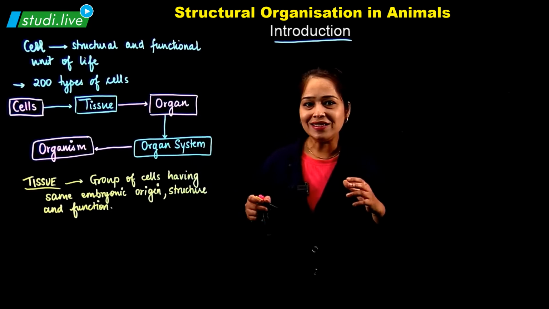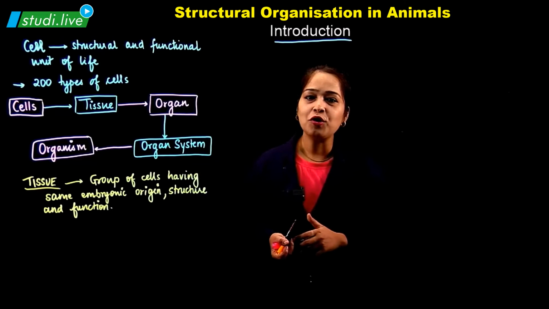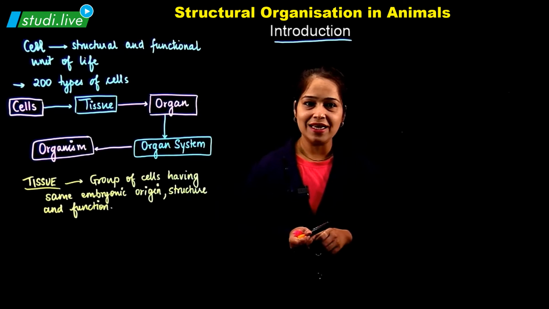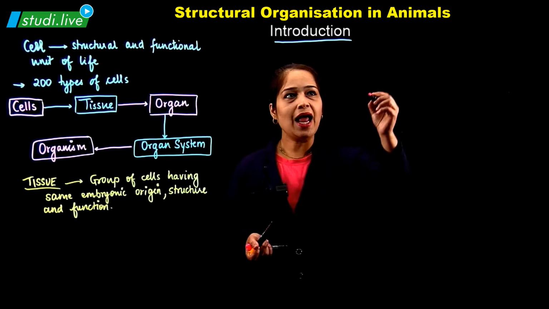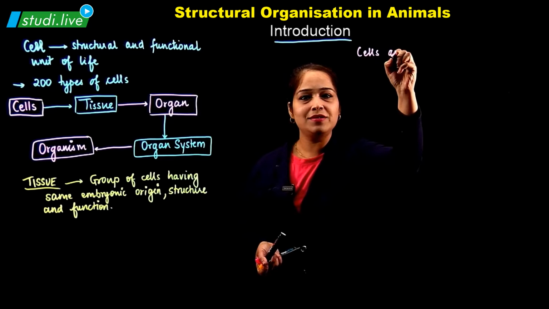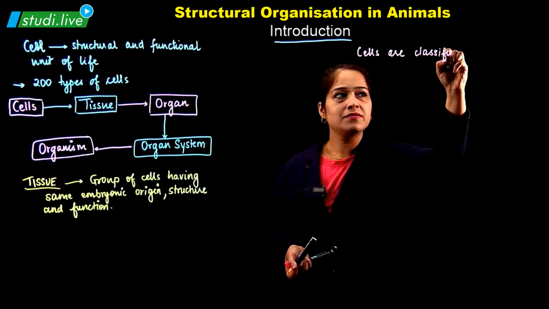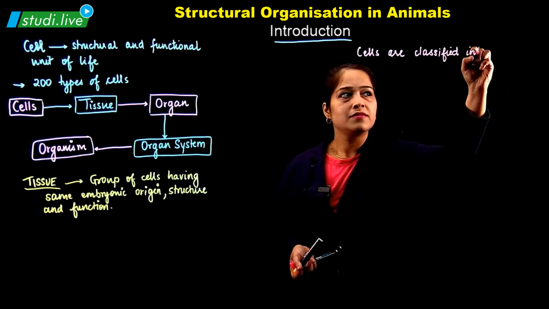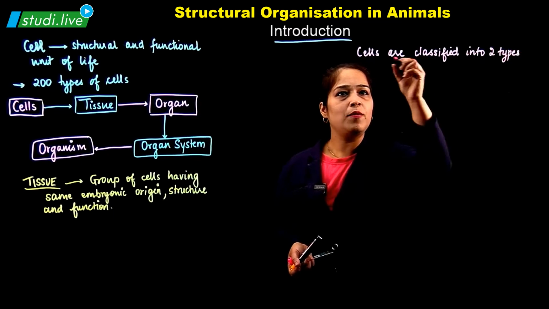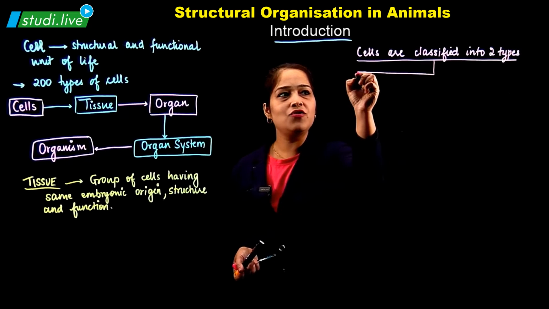Now, when we see an animal body, in the entire body we have two types of cells. What are those two types? In an animal body, cells are classified into two types. The first type is the somatic cell and the second one is the germ cell.